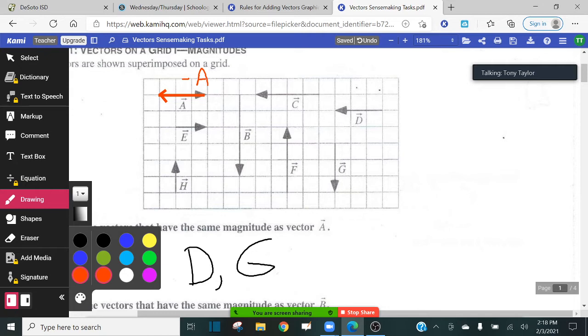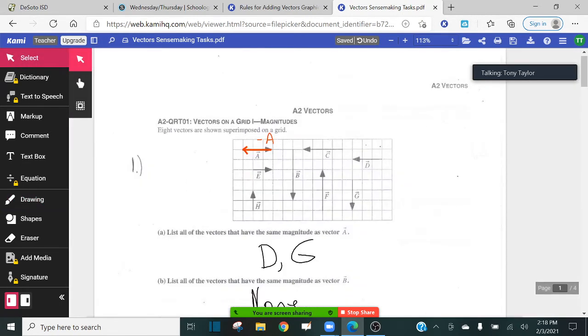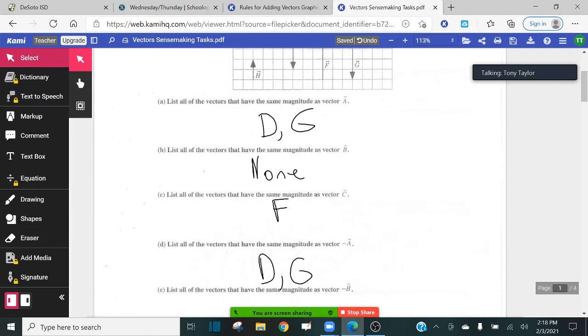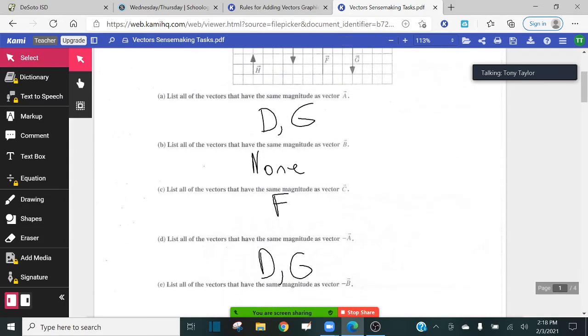So if that's the vector A, that's the vector negative A. But notice negative A is still 1, 2, 3 units long. So you're just looking for the answer that's still 3 units long, which will be D and G. Does that make sense, guys?